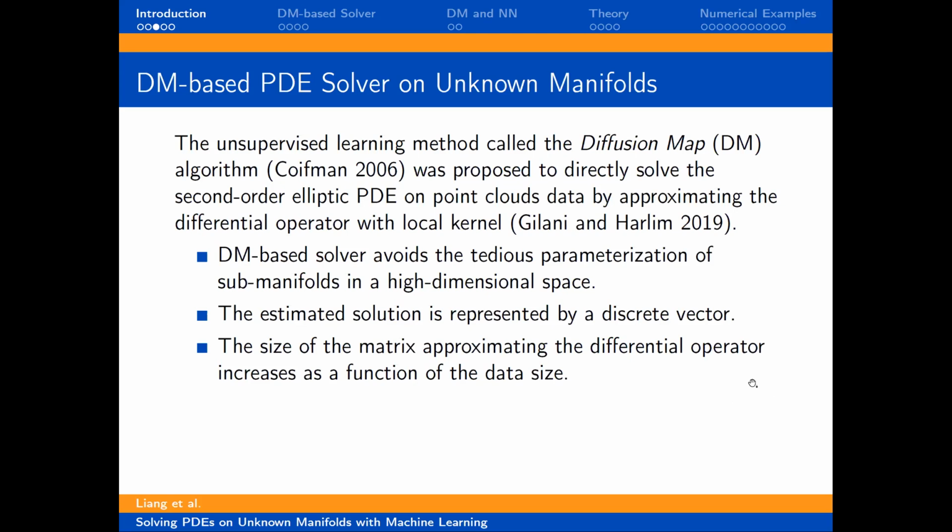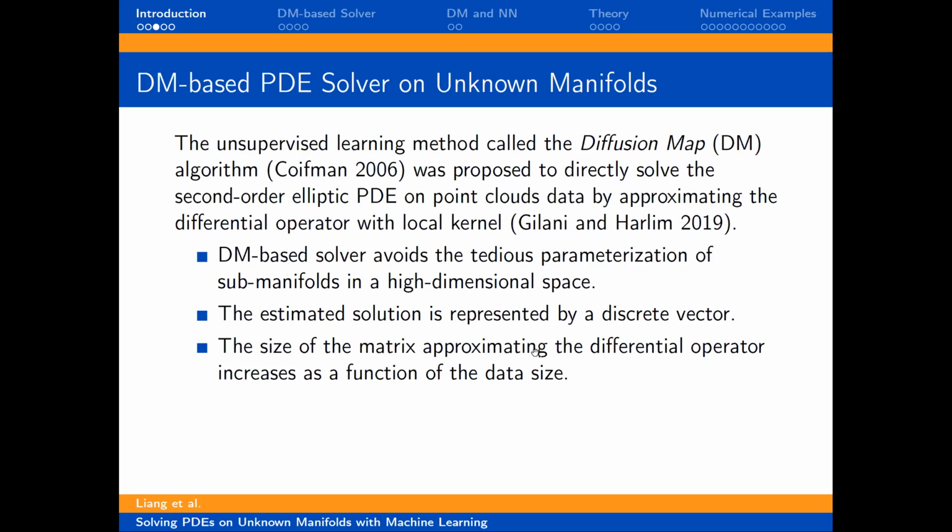However, if we want to evaluate the estimated solution on new points other than the given point cloud data, we use some interpolation method to estimate the solution from the solution we obtained already. However, if the unknown manifold is very complicated, it's not easy to do the interpolation on the new points.